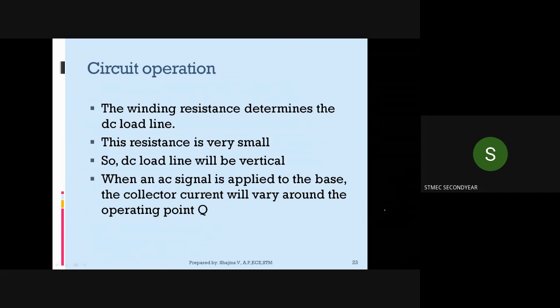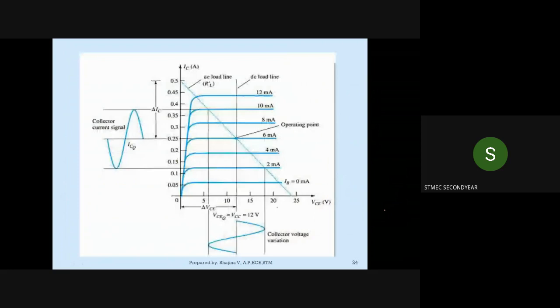Here you can see this vertical line is the DC load line, and this is the AC load line. We fix the operating point at the middle of the load line. This is our operating point, and these are the quiescent voltage and current, ICQ and VCQ.